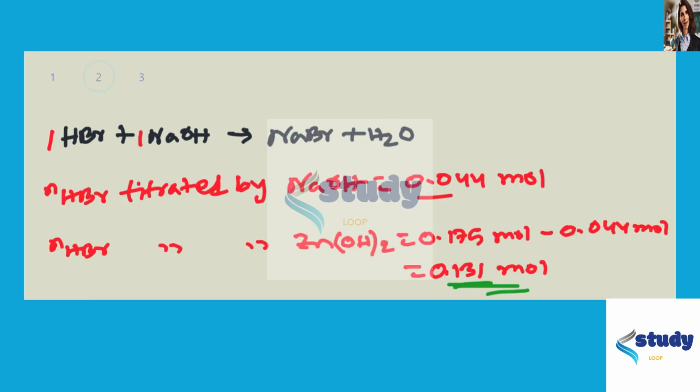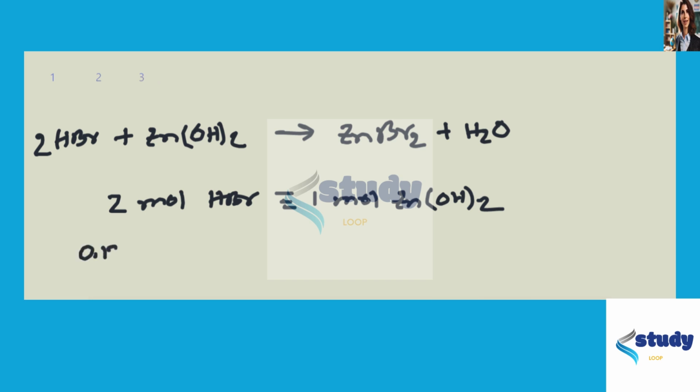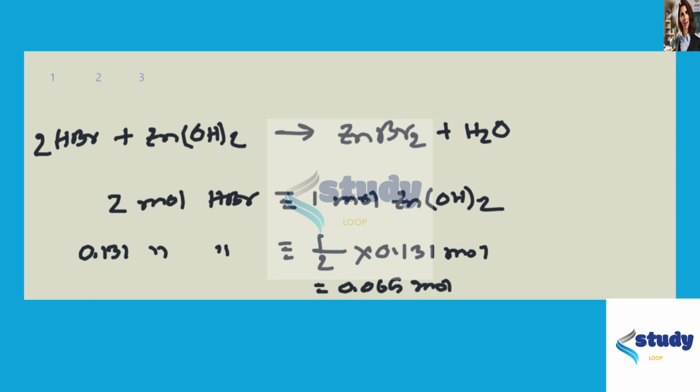That means this much HBr, 0.131 mole of HBr, will react with 1 over 2 times 0.131 mole, which eventually gives us a value of 0.065 mole of zinc hydroxide. So this is the number of moles of zinc hydroxide which is added to the solution and which is used for the titration of the HBr.